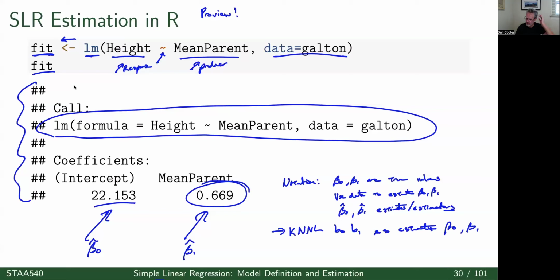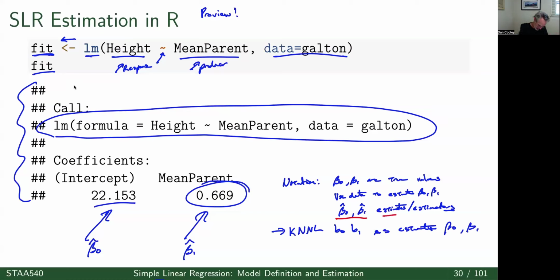The notation used by KNNL is unusual, despite the KNNL book being kind of ubiquitous. So we are going to generally use the beta naught hat and beta 1 hat notation through the notes. But you may need to do some translation between the notation in the notes and the book.